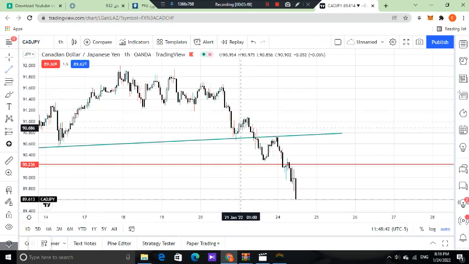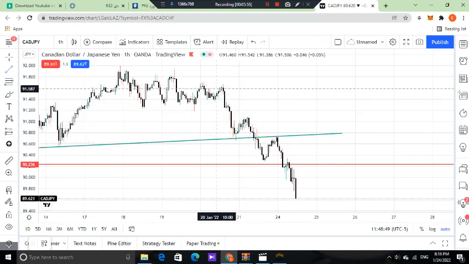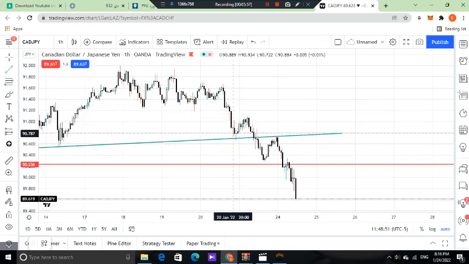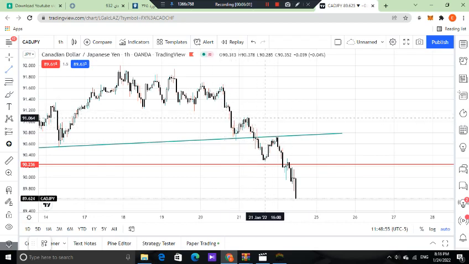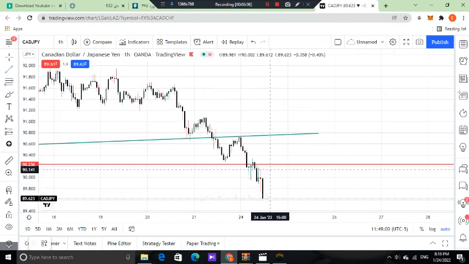trend, because here we have pullbacks of 50%, 40%. If you compare it, considering this leg, this pullback was about 20-30% of this, but this one is very small.